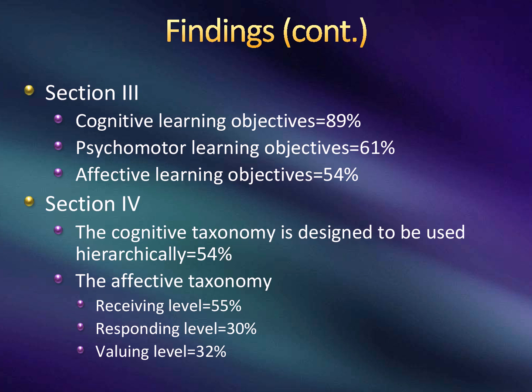Exploring the faculty's experience with hierarchies within Bloom's cognitive domain, first assess the faculty's experience with hierarchically structured educational objectives. The cognitive taxonomy is designed to be hierarchical, and this is reflected by the practice of 54%.